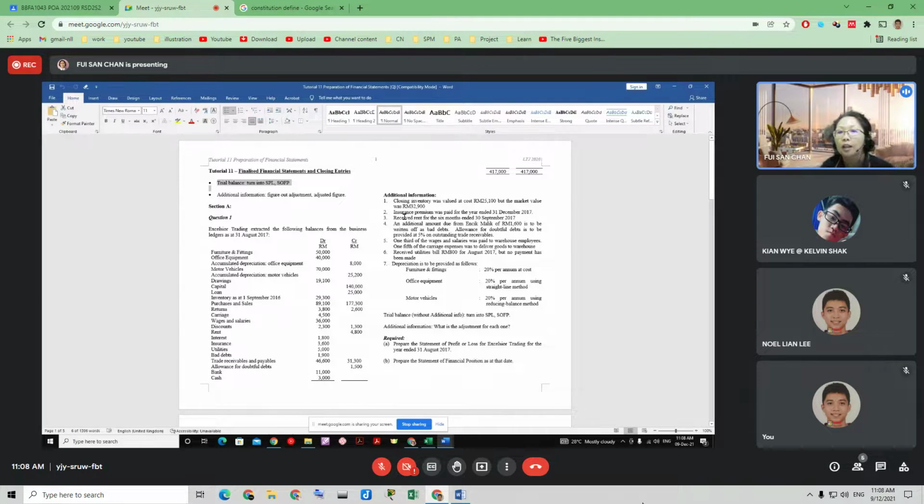No depreciation, no adjustment. They just give you the numbers so that you can come up with a trial balance, and make sure the trial balance is balanced. So you need to know which item goes under debit, which under credit, then make sure the trial balance is balanced. Then from there you do SOPL, SOFP without adjustment, no adjustment at all.